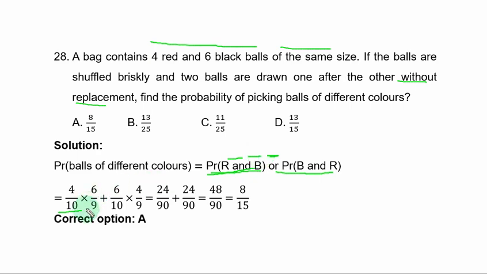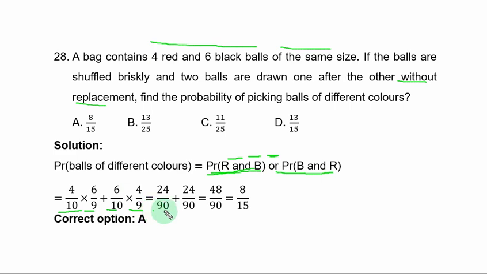So times 6 over 9 plus, if you come here at this level of picking, the balls in the bag are still 10. The black there are 6. So you have 6 over 10 times, before picking red, the total remains 9, times 4 over 9.